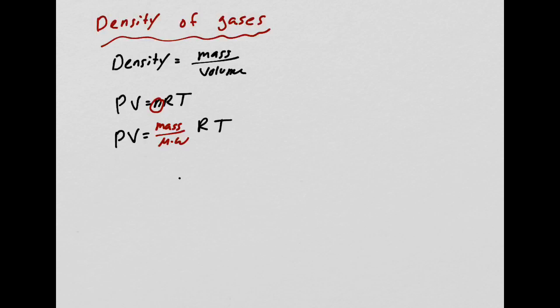Now the density is mass over volume. This is great. Now I have mass and I have volume in this equation. I'm going to rearrange this equation so that the mass over volume is on one side.